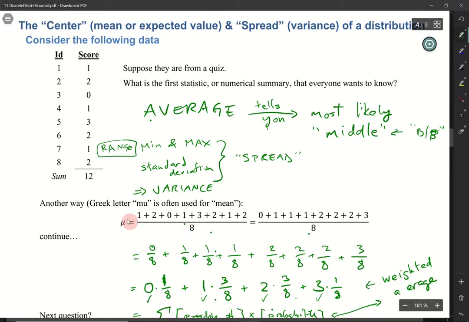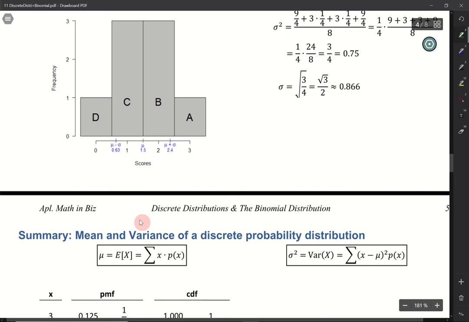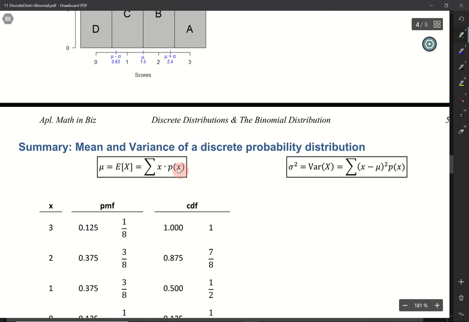When we talk about an average, you add up the scores, count how many there were, and divide by that number. That's what you think of as an average. You probably don't think of this as an average, where you take the values and multiply by the probability, but that is an average.